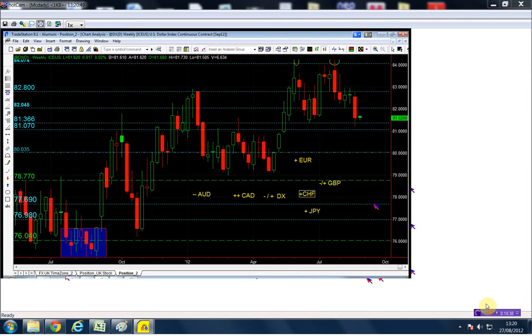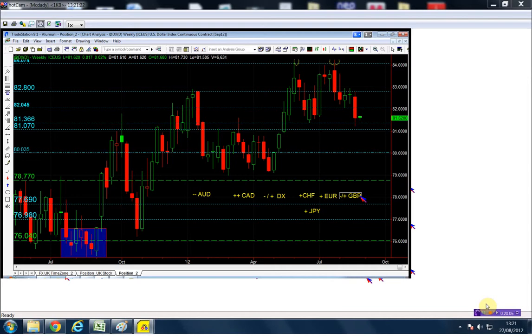So I'll be looking at going short the Aussie CAD. I'm looking at shorting the Aussie dollar. I'm looking at shorting the Aussie Swiss, and I can look at shorting the Euro Aussie. I'm sorry, going long the Euro Aussie.